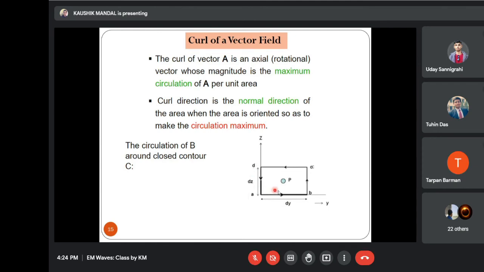Now consider the circulation of a vector b around this closed path, defined by a, b, c and d. Then you can write down the line integral of b dot dl.